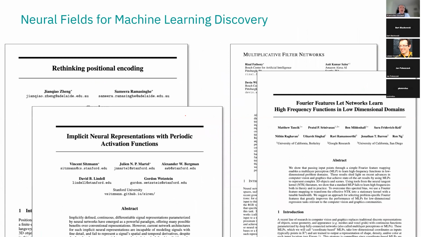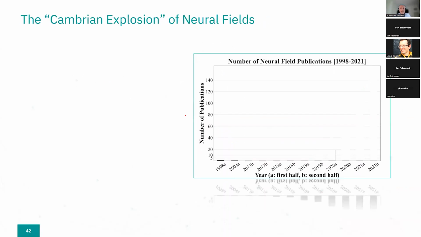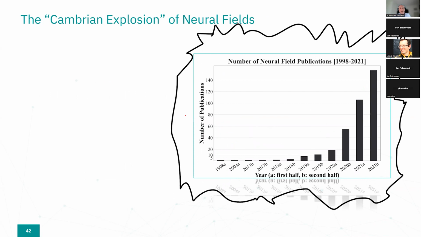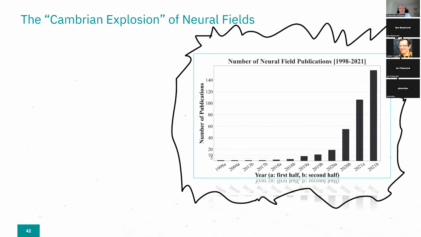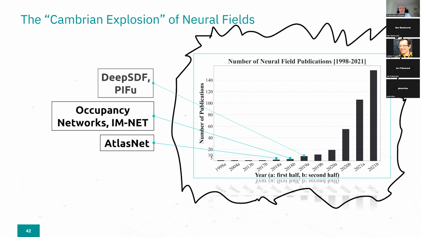So, and that area of neural fields is at the moment very, very actively researched. So there are actually hundreds of papers a year appearing on that topic. So here we see papers on neural fields from 1989 to 2021.